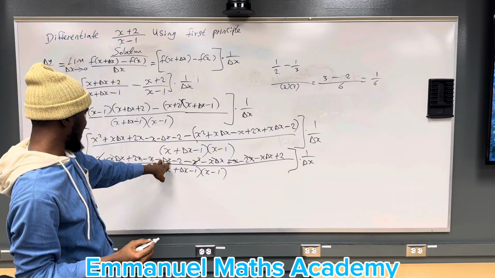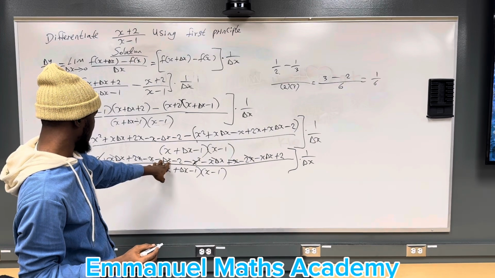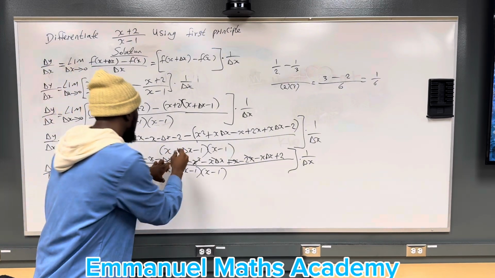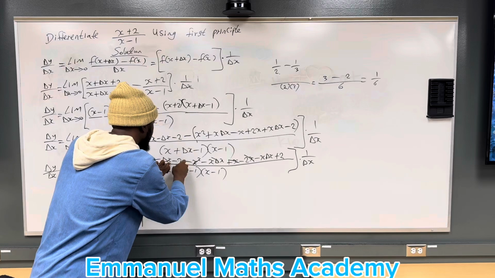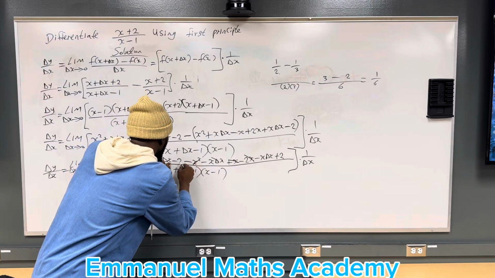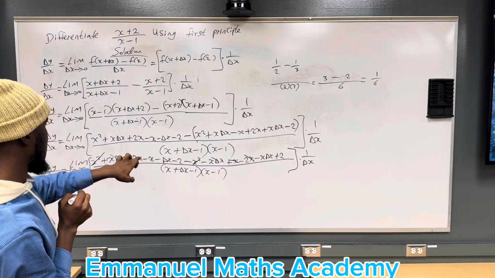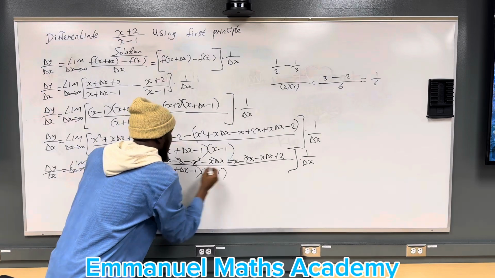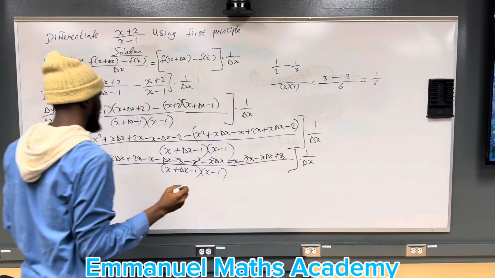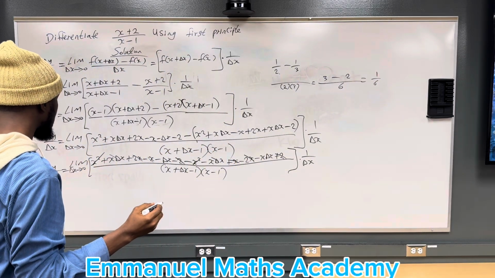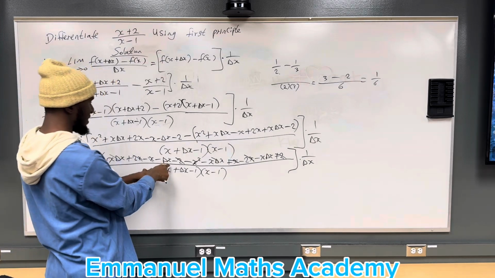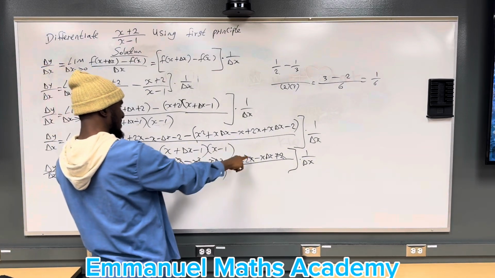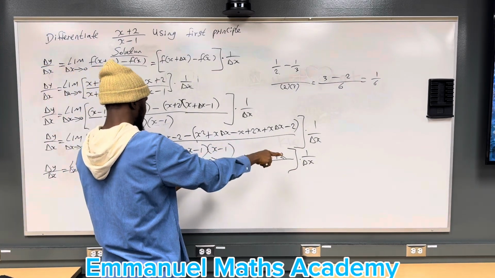Okay, so what next is cancelling out? We have minus 2 here and 2 here. It will also cancel out. So we are left with what? We are left with minus delta x and minus x delta x.